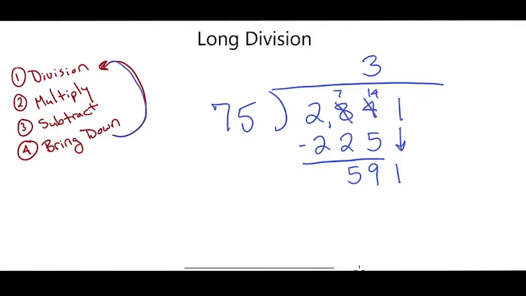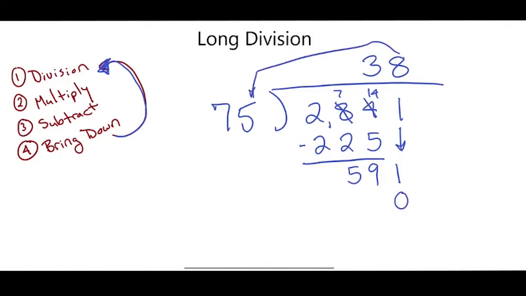So we go up to the division again. So now I have to do 75. How many times does 75 go into 591? Well, I'm going to guess that it goes 8 times. So then I'll do 8 times 5, which is 40.